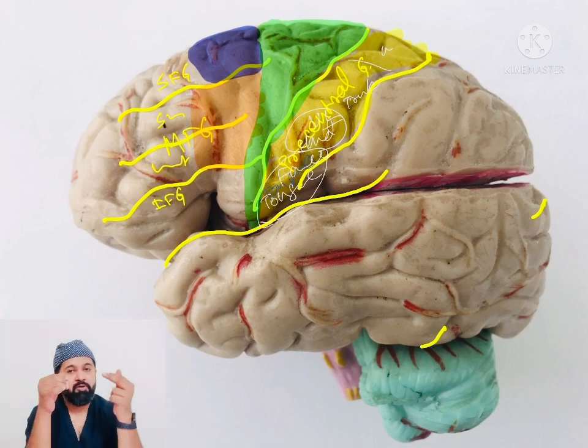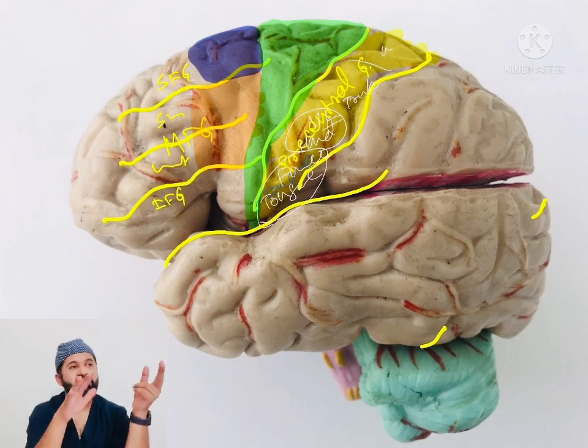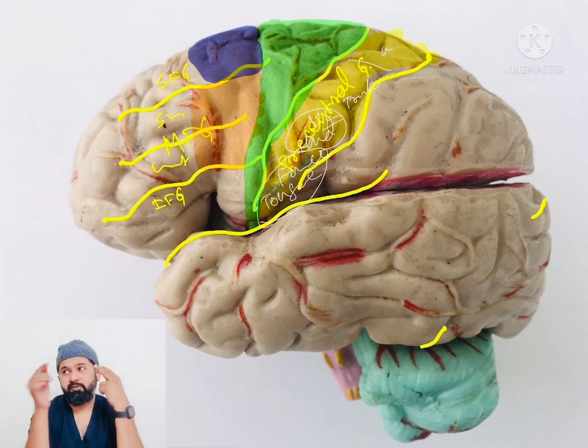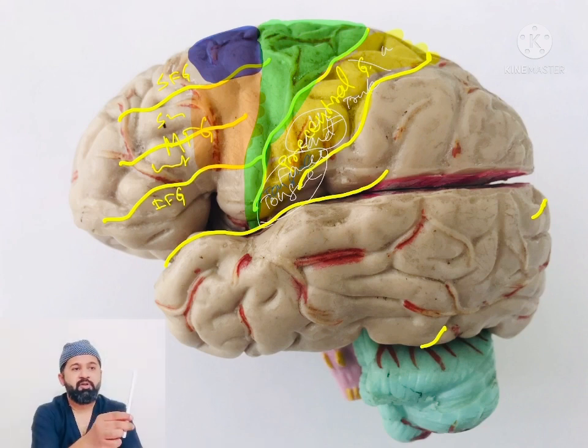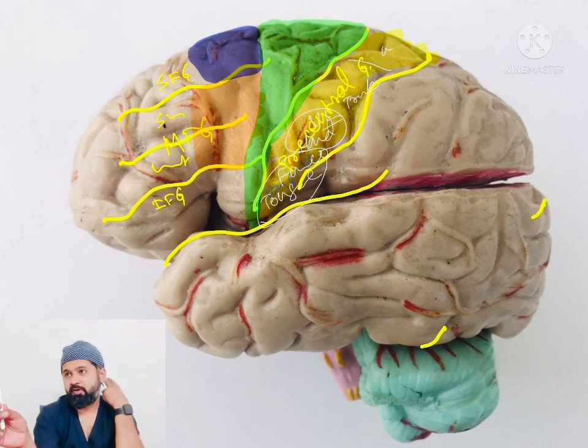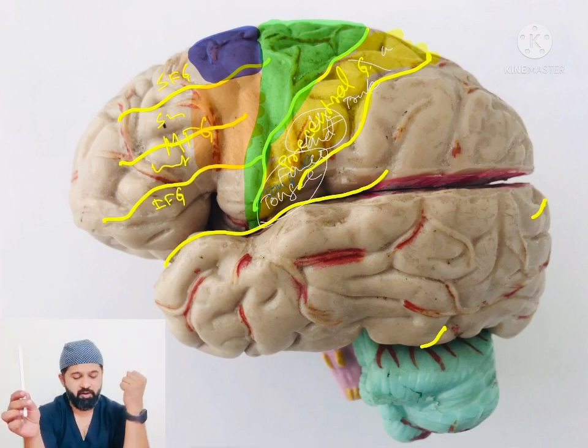Now please note that this is not dependent on a visual stimulus. So I'm not seeing anything on the right side. I just want to shift my eyes to the right side. Then that is controlled by the frontal eye field area on the left side. But if I'm following a visual stimulus, like a pencil on the right side, that is controlled by the occipital cortex or the visual cortex, and that is not required in the frontal eye field area.